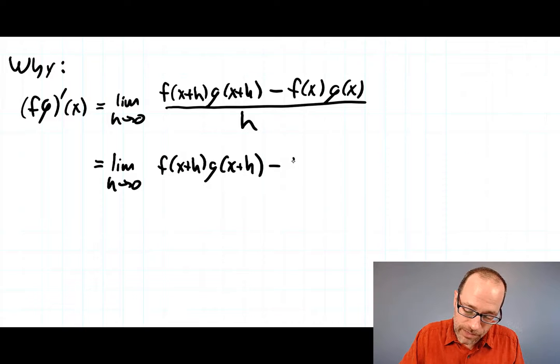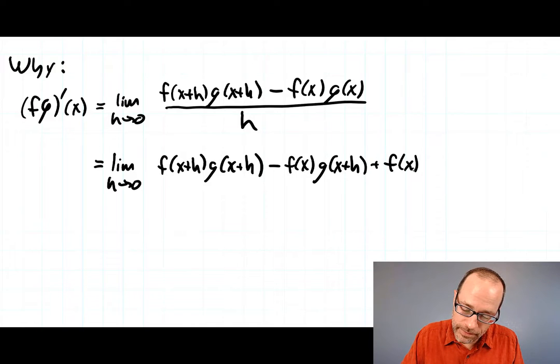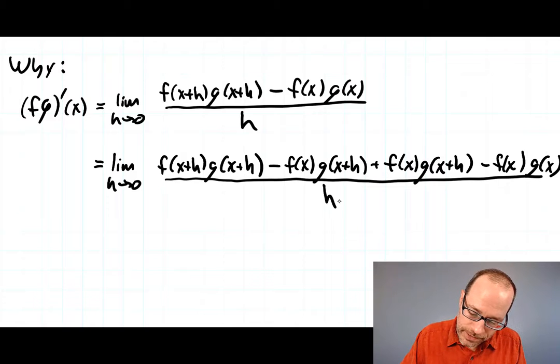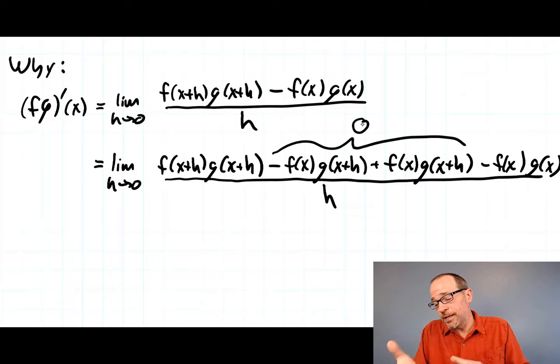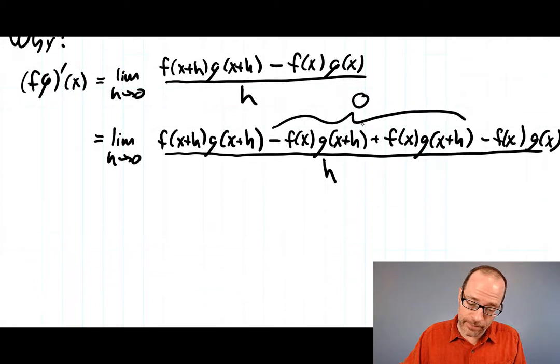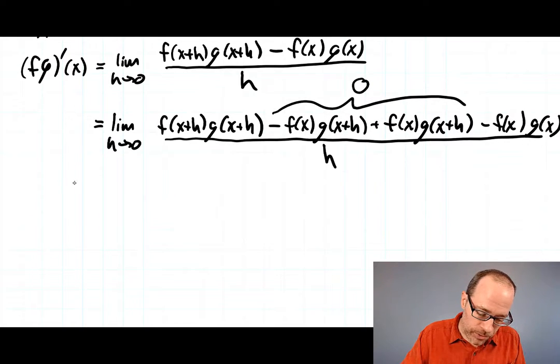We're going to subtract off f of x, g of x plus h, add it back in, and then subtract off the term that we hadn't copied yet, f of x, g of x. Divide the whole thing by h. You'll notice that these two terms here add up to 0 because we just subtracted it and added it back in, and so we haven't changed anything. So that's the big trick. The rest sort of follows our nose.